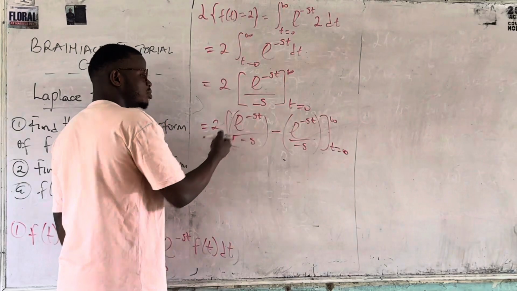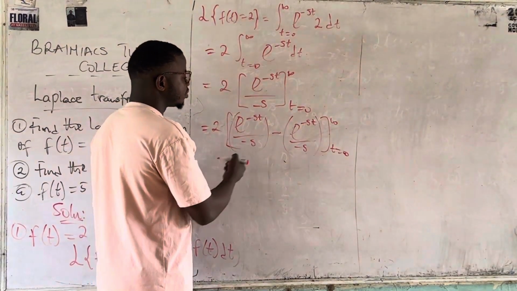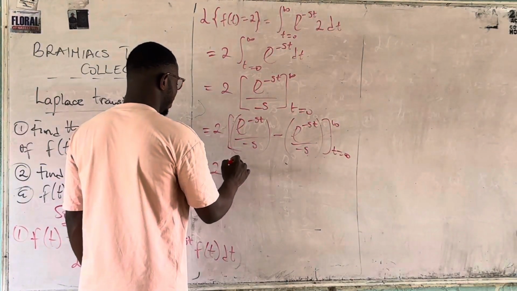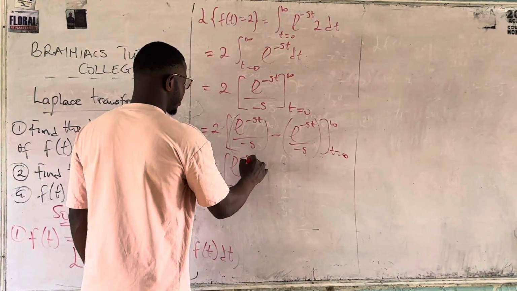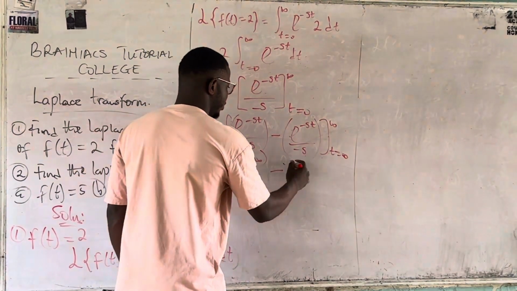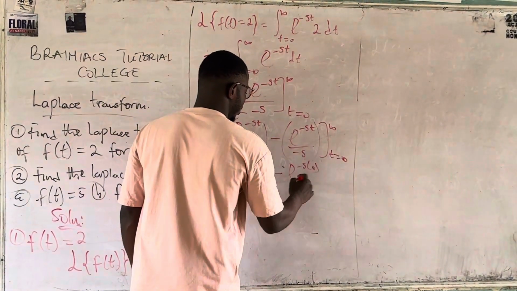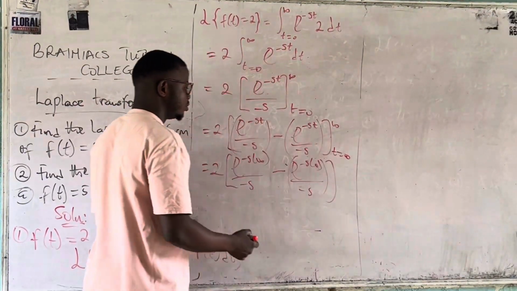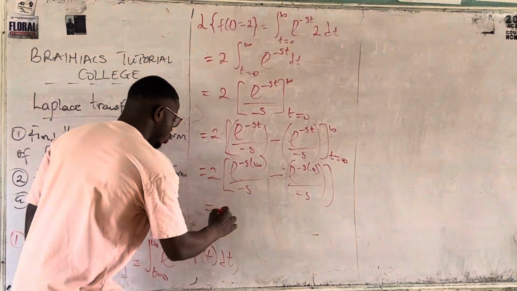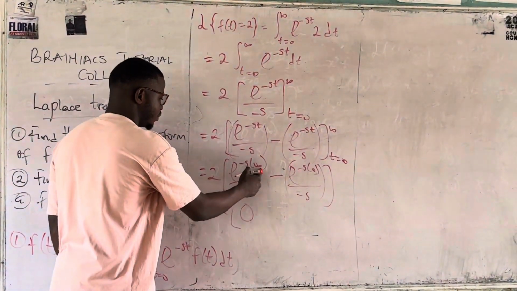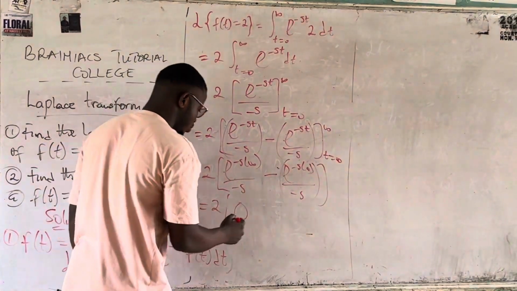In the first place, anywhere we see t, we change it to infinity. On the other side, wherever we see t, we change it to 0. So this gives us 2 in brackets: exponential minus s times infinity over minus s, minus exponential minus s times 0 over minus s. So we are done with the upper limit and the lower limit. The first term, exponential of minus s times infinity, will be 0.